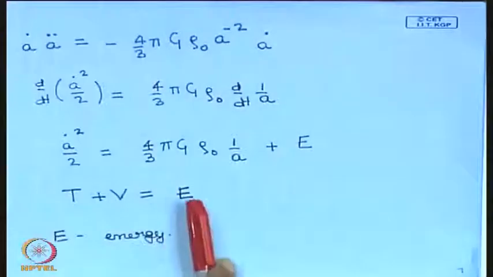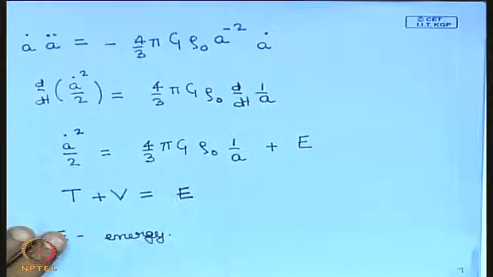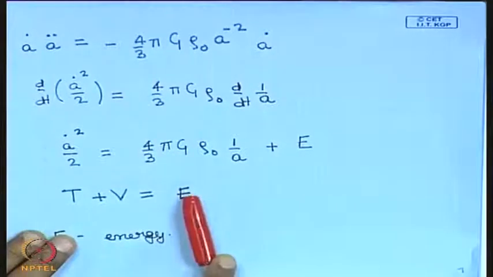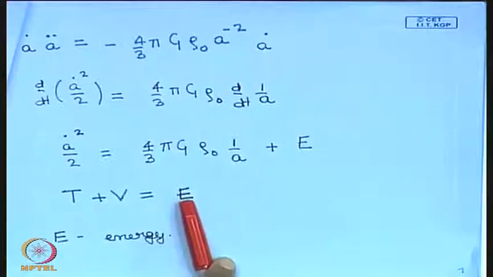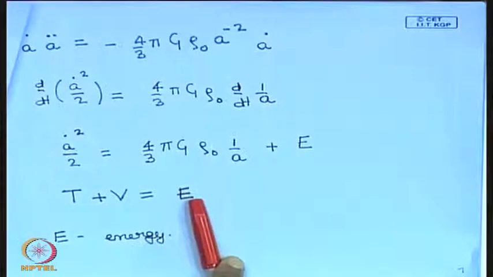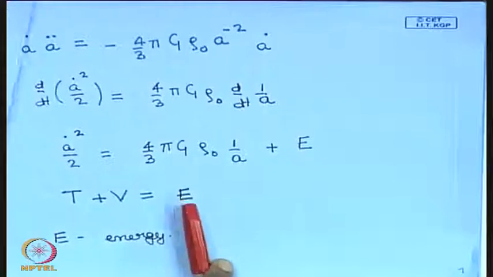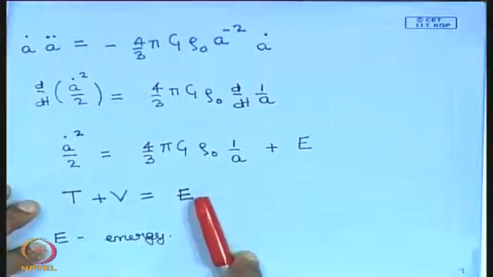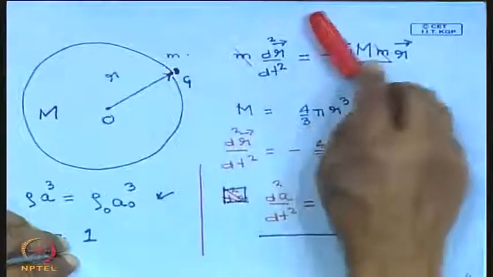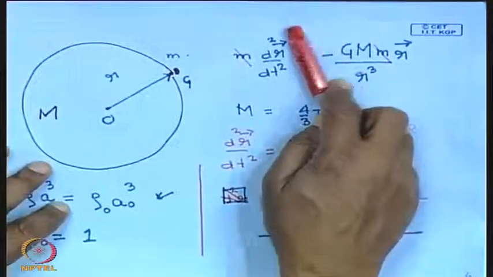The solutions are determined by the value of the total energy of the particle. If the projectile has a negative total energy, then the particle will go up to a certain distance, where the kinetic energy becomes 0, and then it will fall back again.